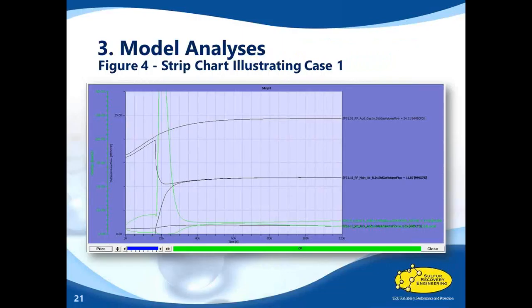Dharmesh alluded to the strip chart capabilities. Again, this further enhances the VMG Sim Dynamics capabilities for training operators. I like the strip chart because it's very visual. I'm a very visual person, and can see exactly what's happening. Here is the strip chart illustrating case 1. We notice the acid gas increasing.